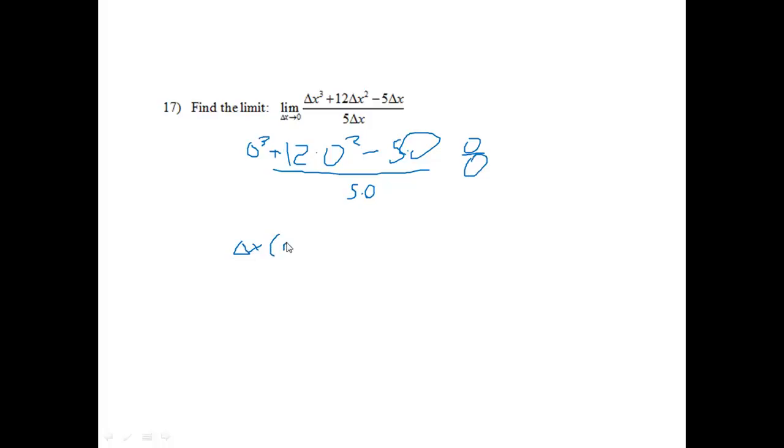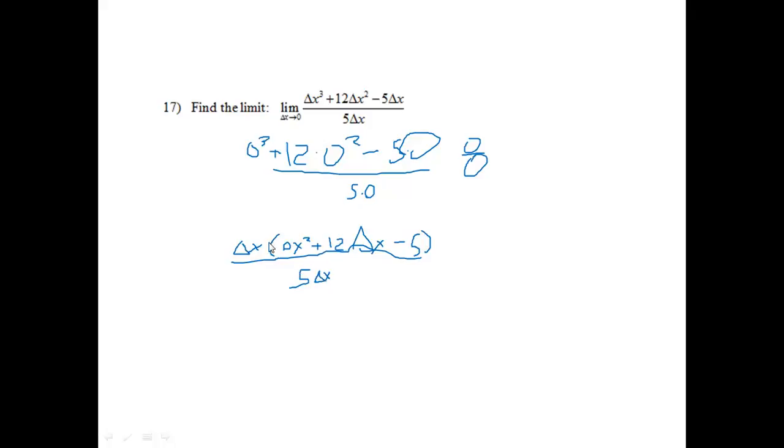And when I do that, I'll get delta x squared plus 12 delta x minus 5, all over 5 delta x.